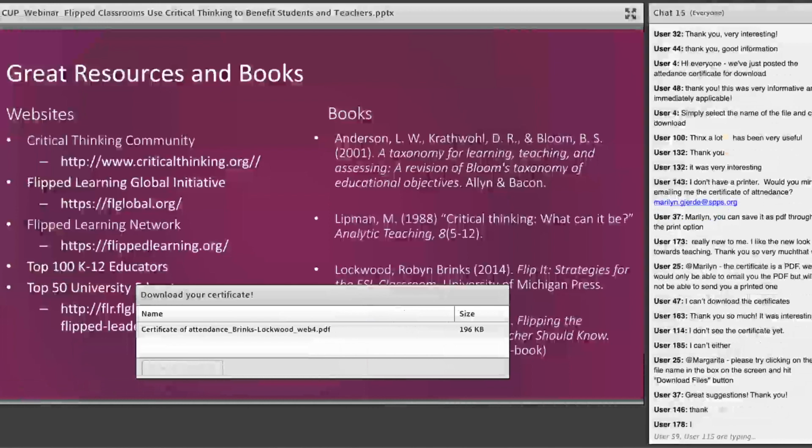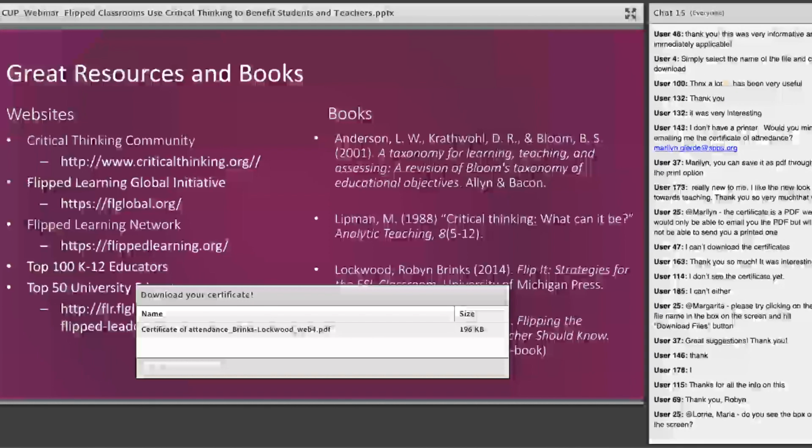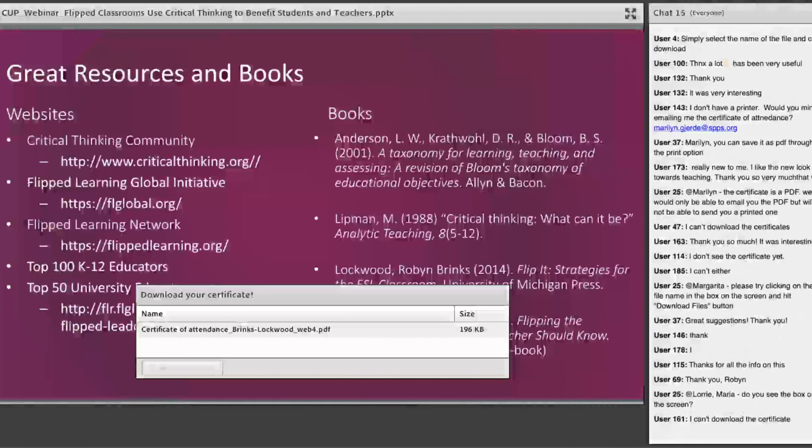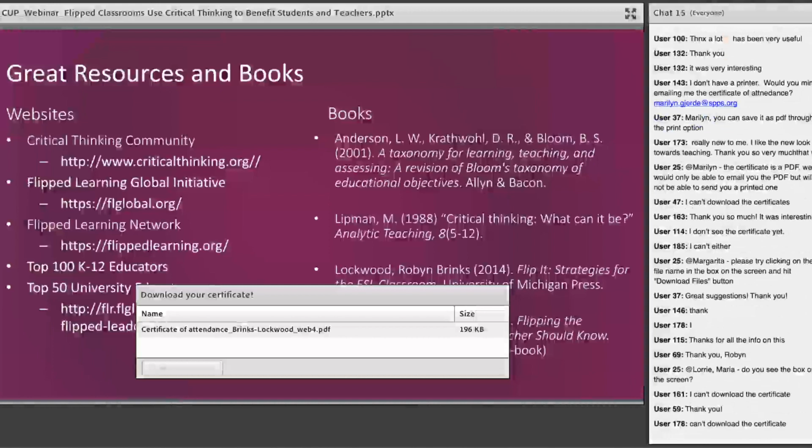Another question is how a flipped classroom prepares students to transfer their skills to other classes or to professional settings. Well, I think it does because students are using a higher level of Bloom's taxonomy. A lot of my students were accustomed to simply memorizing whatever they were told to memorize and then taking a multiple choice test.